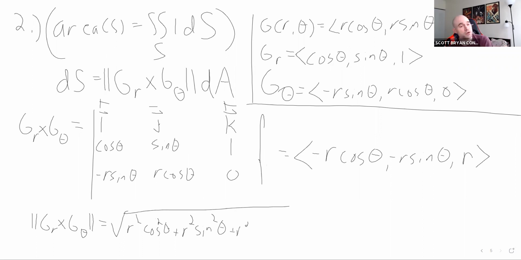So r squared cos squared plus r squared sine squared is r squared, plus r squared is, so square root quantity 2r squared, or square root 2r. We can pull the r squared out as just r.